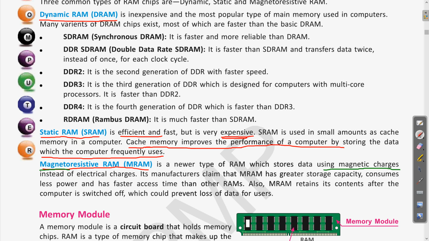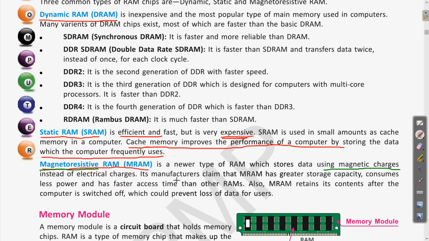Clear? In the other variations, that was the dynamic RAM and static RAM, it was using electrical charges, but here it is using magnetic charges. So as the technology is changing, the processing speed or the performance of these RAMs will also be different.